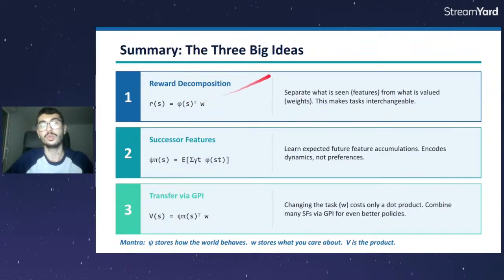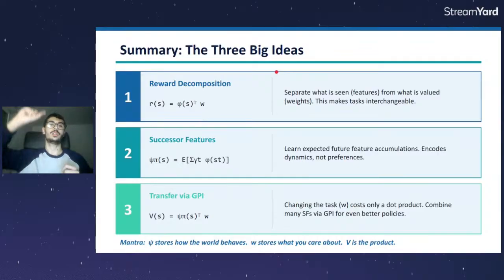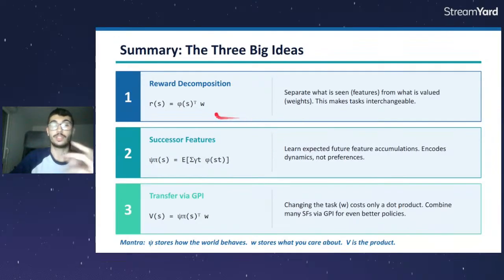And the w is going to be the task vector. So it's going to be a weight vector that assigns a weight to each characteristic of the states. And so if we have higher weights for certain characteristics, it means that this reward function favors these characteristics. And so if you try to solve it, the agent is going to try to reach states with these specific characteristics. And by changing W, we change the task, of course.